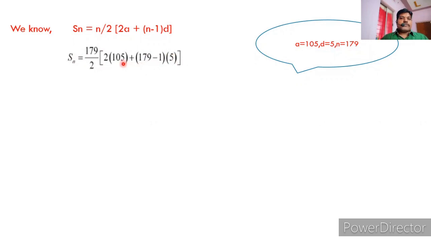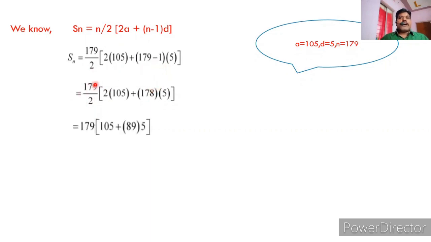Just replace the values and simplify that. So Sn is equal to 179 by 2 into 2 into 105 plus 179 minus 1, which is 178.